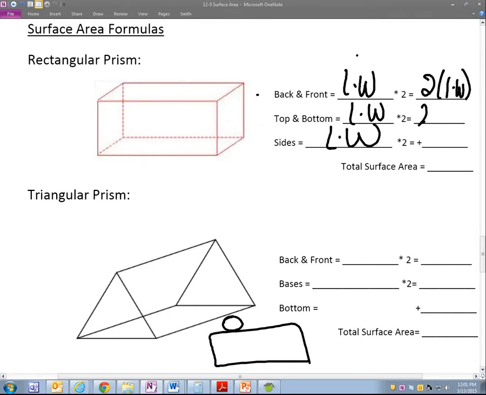LW 2, LW 2, LW 2. Now those are not all the same lengths and widths. You got to keep that in mind, okay? They're not all the same lengths and widths. That's why I'm not going to add them all together and just have it be 6 LWs.